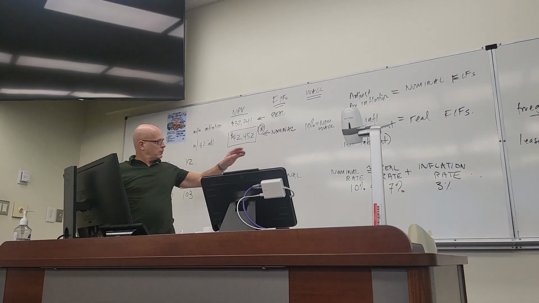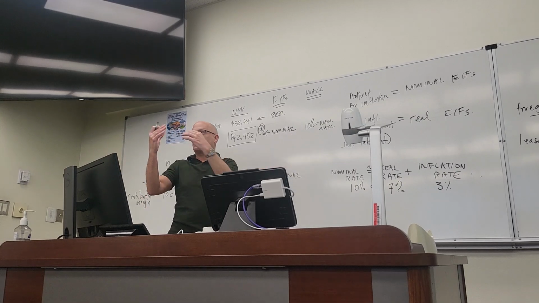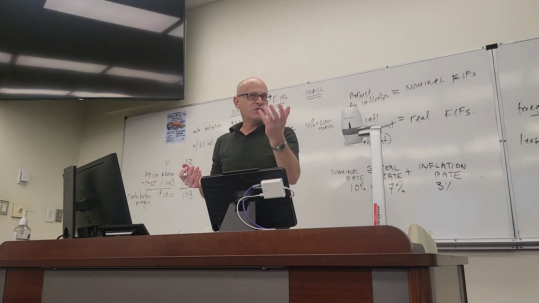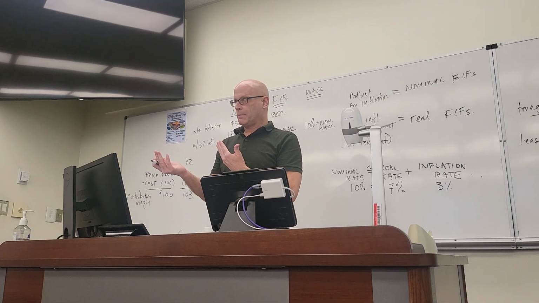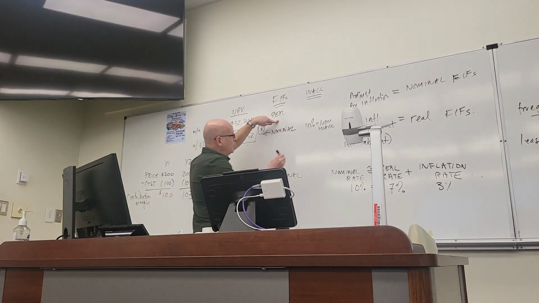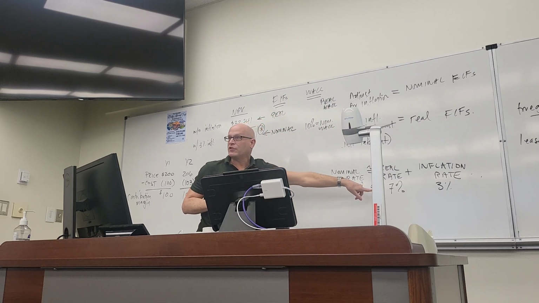If you use nominal cash flows, they have inflation in them, you need the nominal WACC. It's got inflation in it. How do you know if you have a nominal WACC? It's typically the one that's given to you as the cost of capital, nominal WACC. If you don't adjust the cash flows for inflation, they're real, then you need to be using a real WACC, which in this case would be approximately 7%.